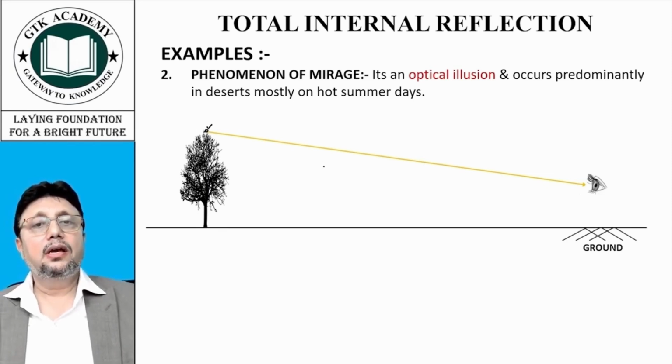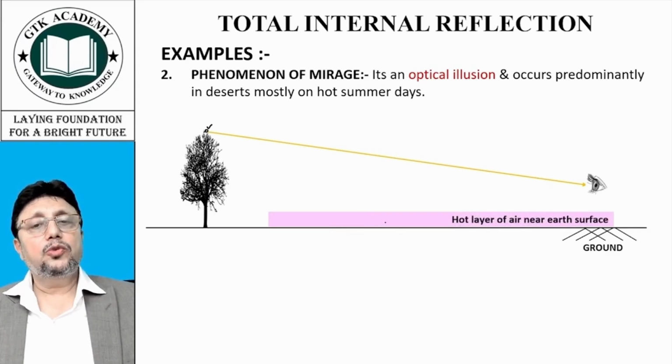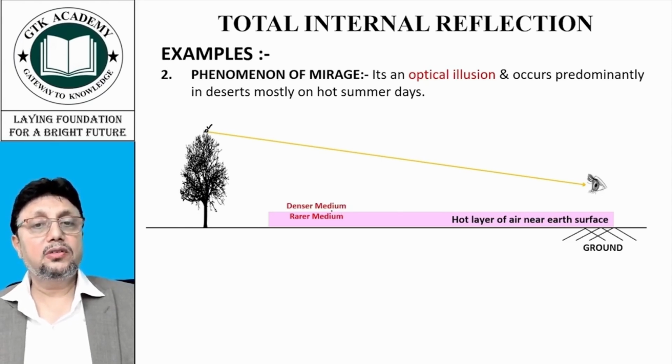What happens? The layer which is near the earth becomes very hot because the ground is very hot. So this becomes a rarer medium, and over and above that layer is a denser medium because the layer above is not that hot.